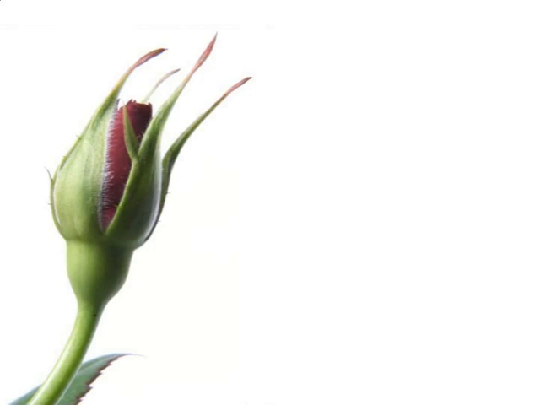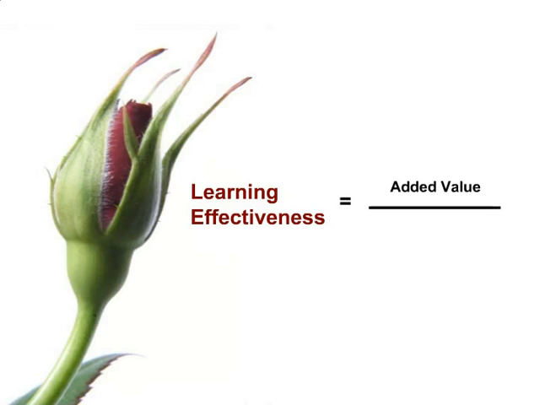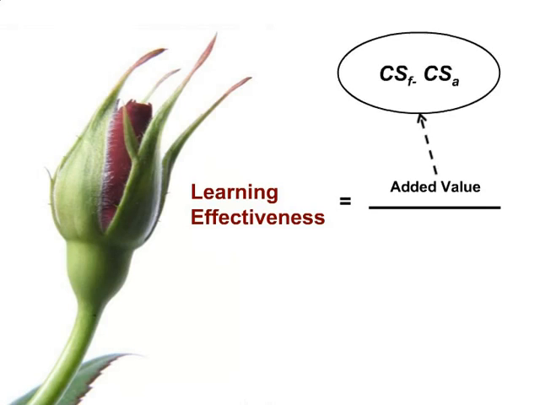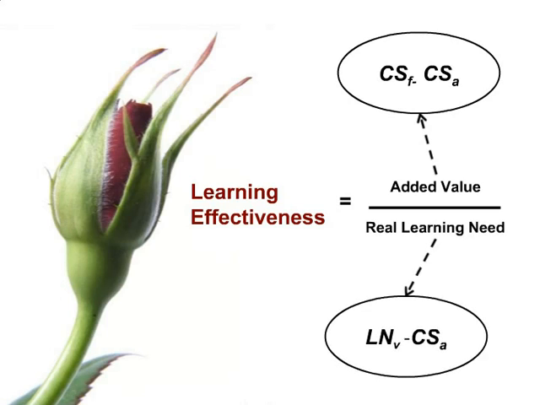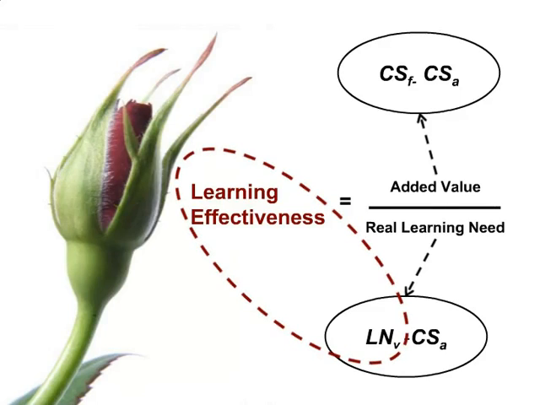Determining the real learning need represents a necessary condition to design effective learning paths. In fact, the learning effectiveness of a course equals the ratio between the DDD value of the course, the difference between final and initial competency system, and the real learning need, the difference between virtual and initial competencies system. This integration defines the connection between effectiveness and learning need.